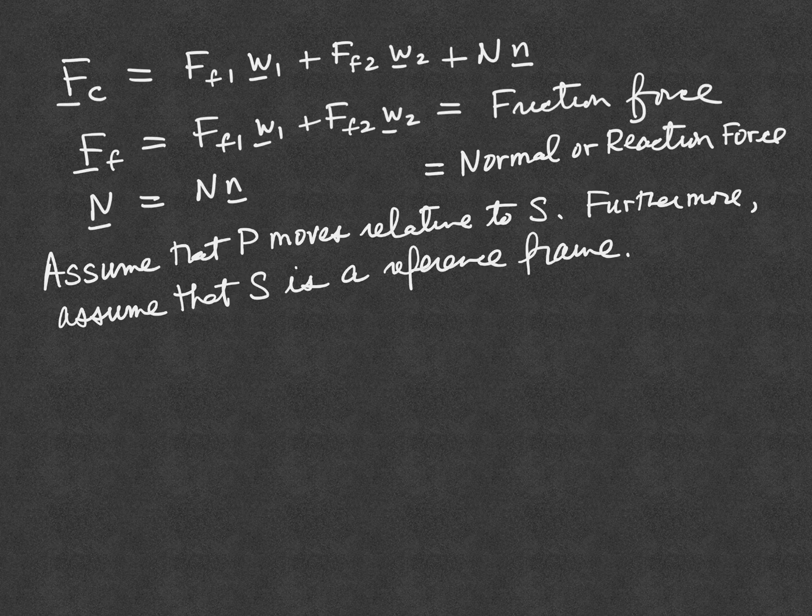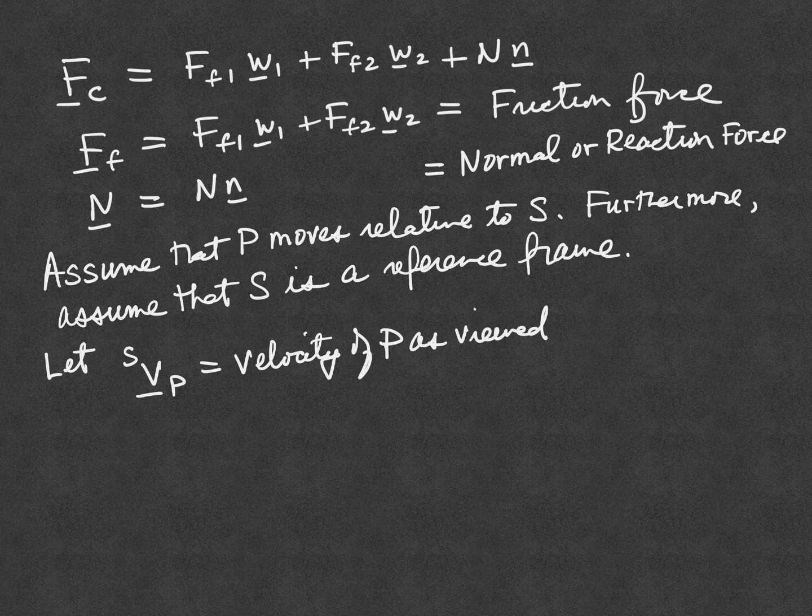And so using that information, we can say let VPS equal the velocity of P as viewed by an observer fixed in S. And we're going to use this information to be able to develop the friction force.